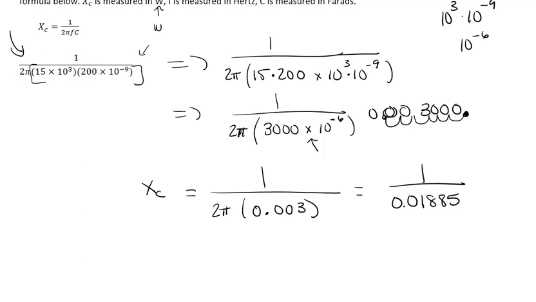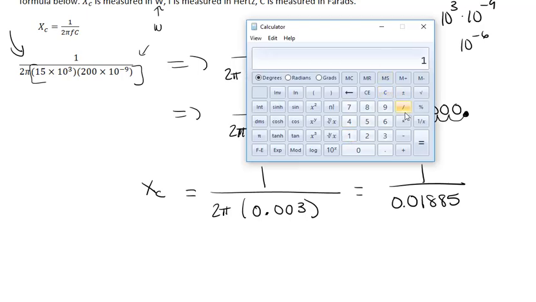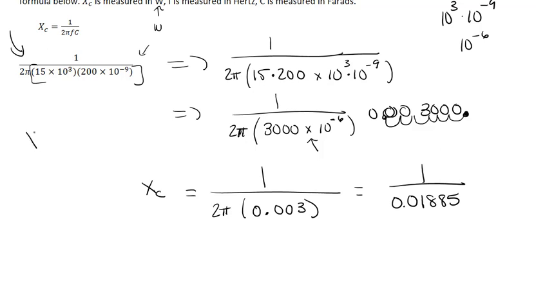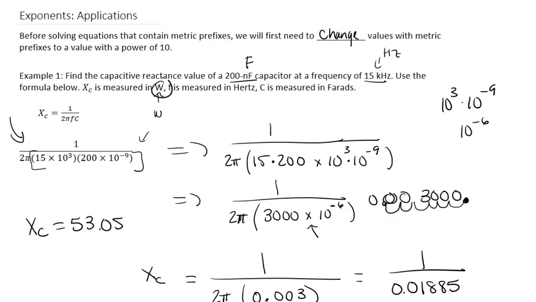Now we go 1 divided by 0.01885, and we get 53.05. So our final value is 53.05, and when we go back, we know that it's measured in ohms. So that would be our final solution.